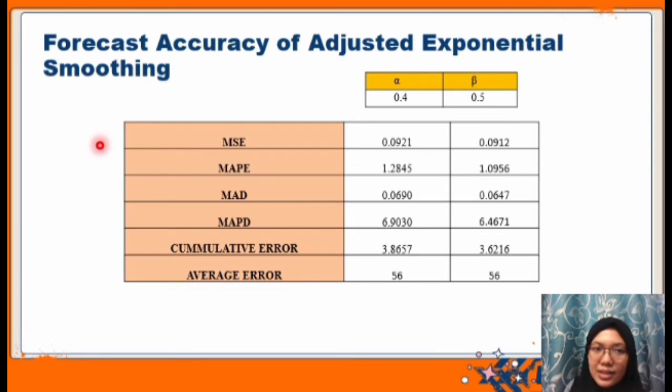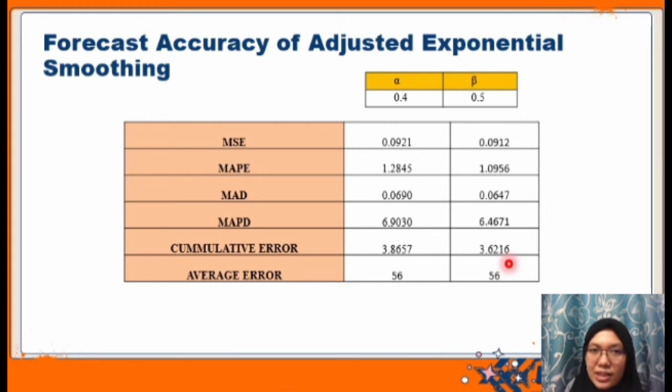So here is the summary of the forecast accuracy of adjusted exponential smoothing. Here we are comparing the previous exponential smoothing and the adjusted forecast.